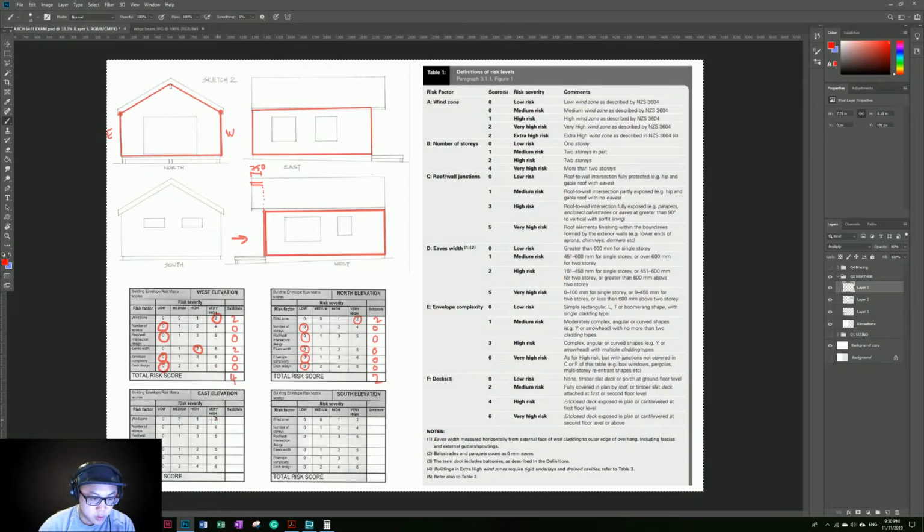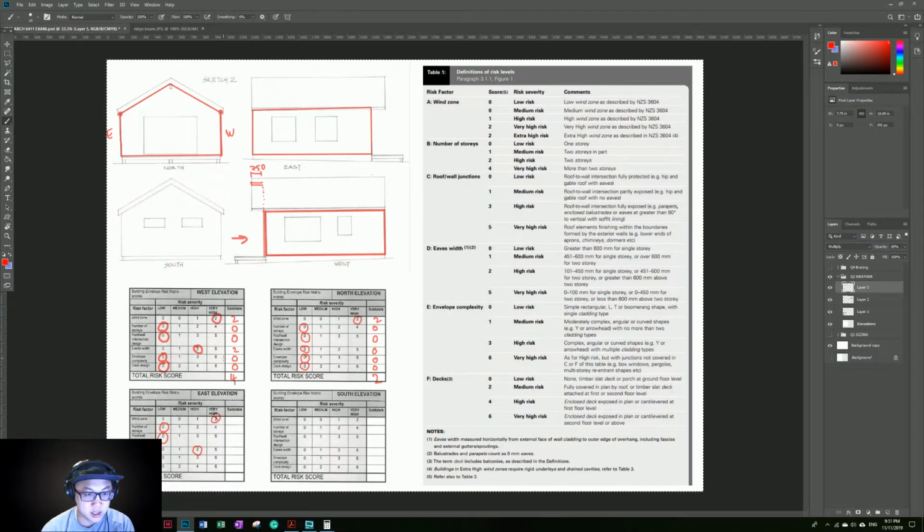So wind zone is going to be 2. Number of stories still 1, so it's going to be 0 here. Roof to wall intersection, because the junction is covered, so it's protected, so it's low risk. The eaves width, because it's only 130, it's going to be a high risk. It's going to be a 2.